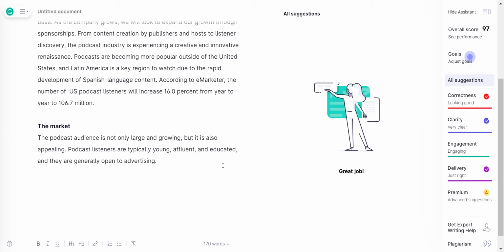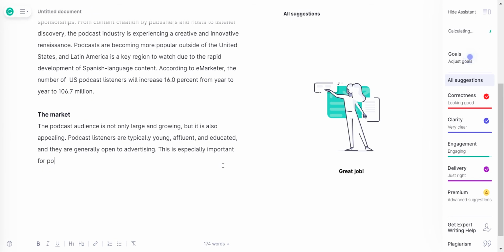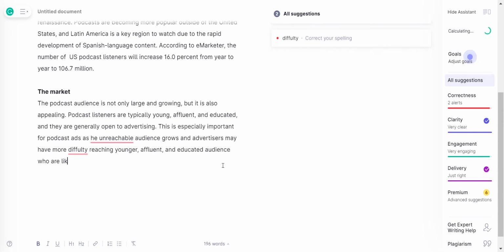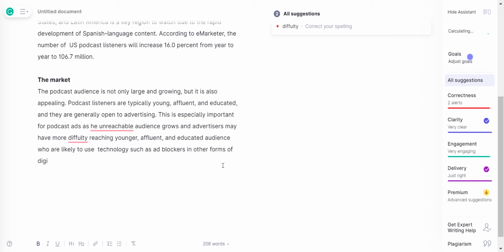So now we're going to say this is especially important for podcast ads, as the unreachable audience grows and advertisers may have more difficulty reaching the younger, affluent, and educated audience, who are likely to use technology such as ad blockers and other forms of digital media.